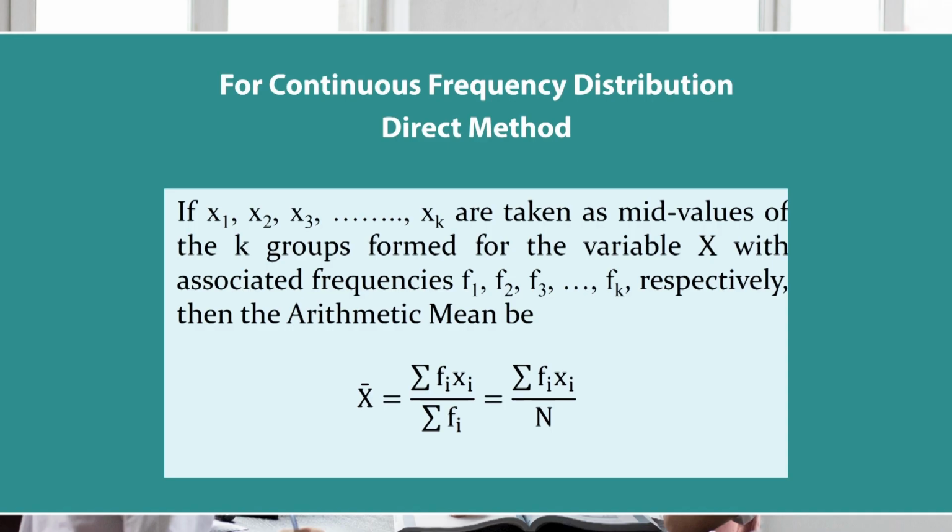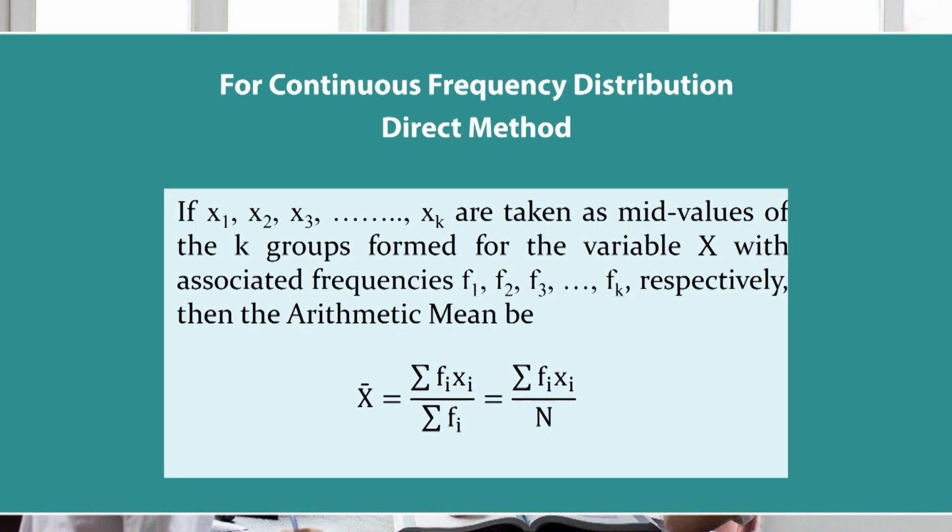For this kind of data, we can directly calculate the arithmetic mean by taking the mid values of the classes or groups, and we multiply these mid values by the corresponding frequencies of the classes.